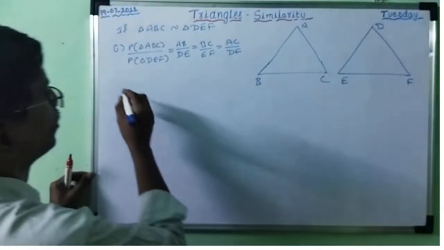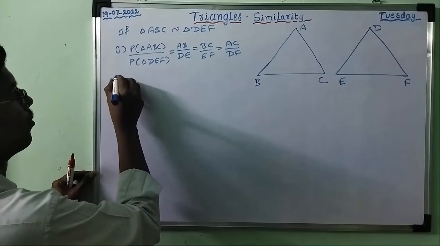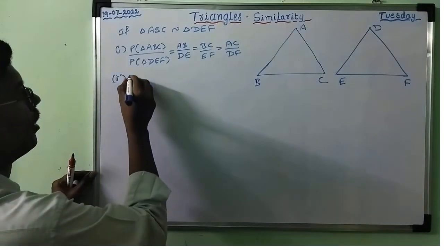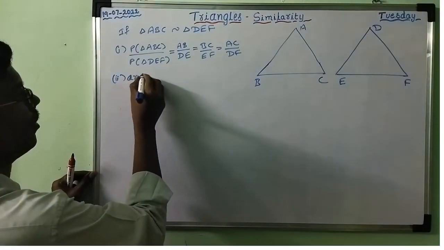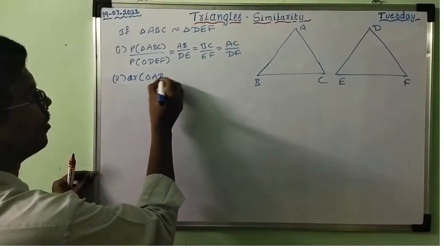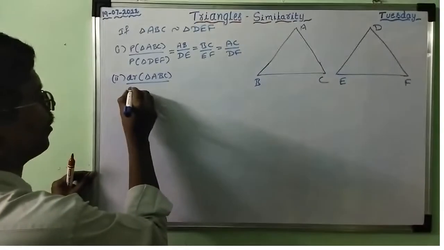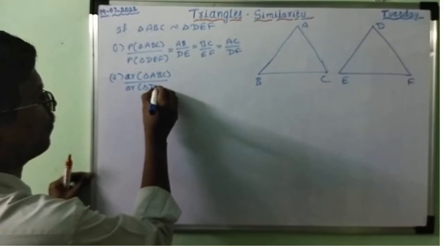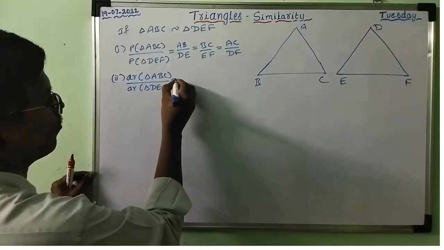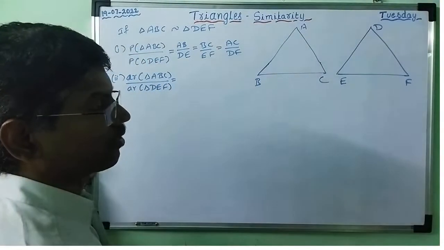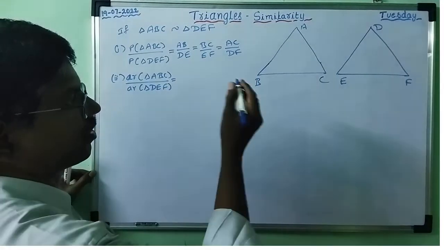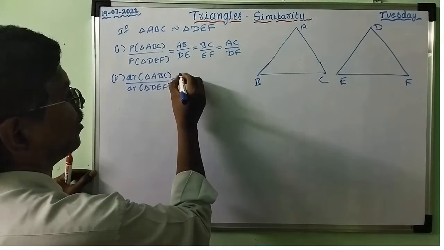If they are similar, then what about the areas ratio? Area of triangle ABC by area of triangle DEF is equal to the ratio of squares of corresponding sides. What are the corresponding sides? AB, DE again.